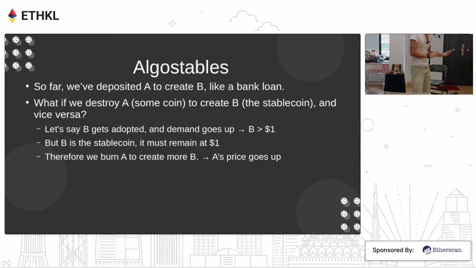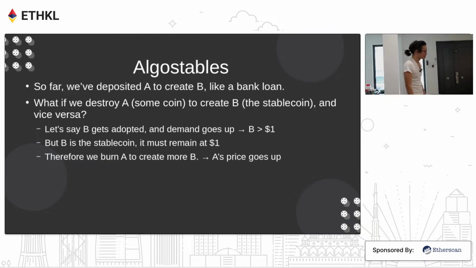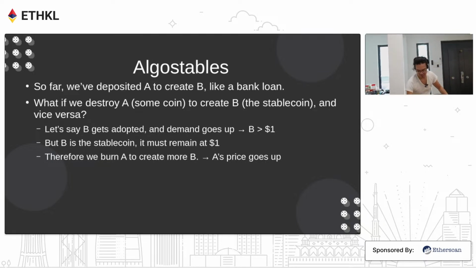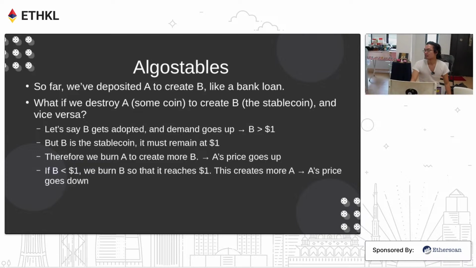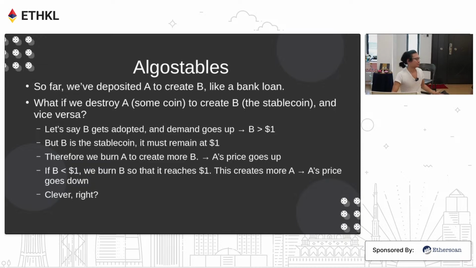We assume the price of those. But yeah, it's like two pools of water. You push the water down here, the water goes up over here. You push the water down here, the water goes up over here. It's pretty clever, actually.